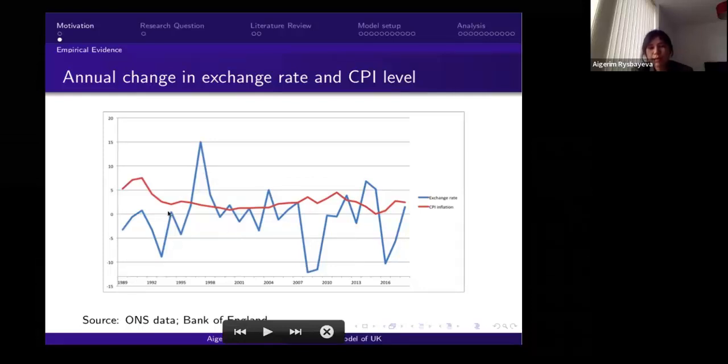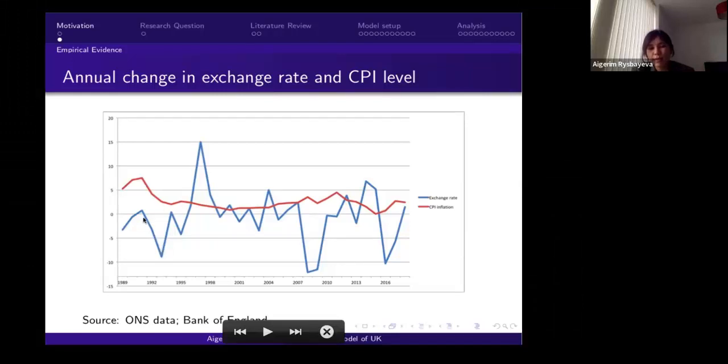Let's look at some episodes. Let's say 1992, when the UK left the EU common exchange rate zone. From this date, the exchange rate has been flexible for the UK.